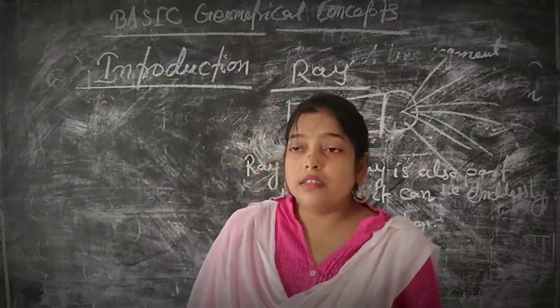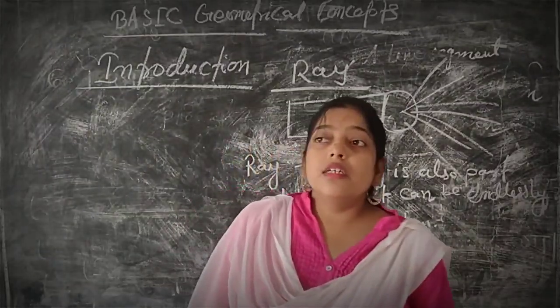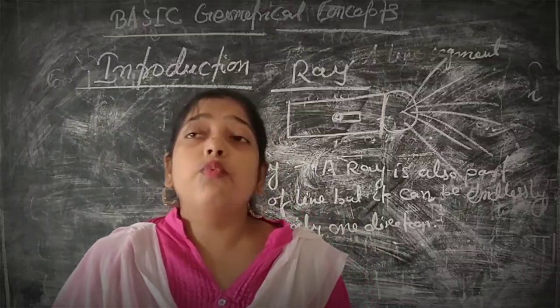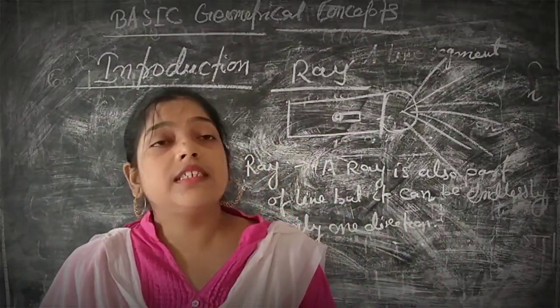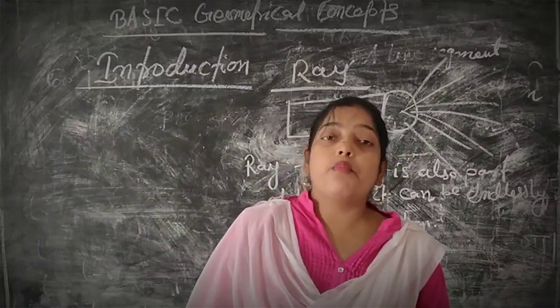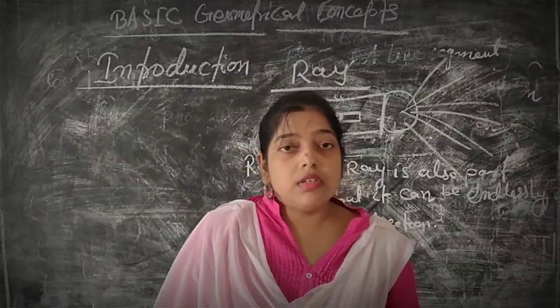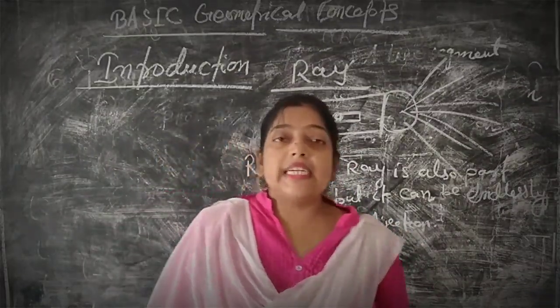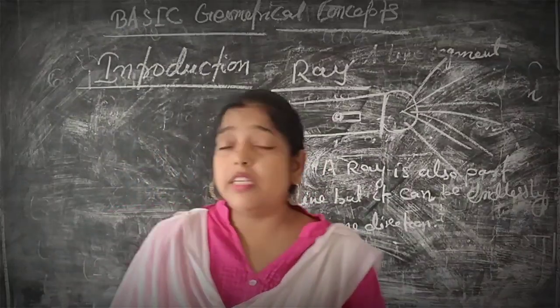Now next is intersecting lines. What is an intersecting line? Two lines that intersect at a common point are called intersecting lines. Look at the picture in our environment.